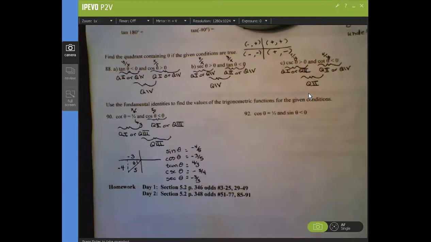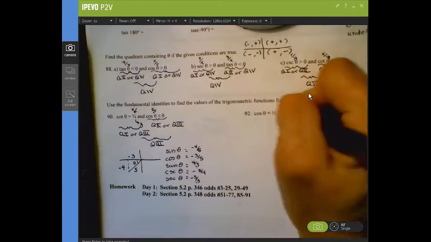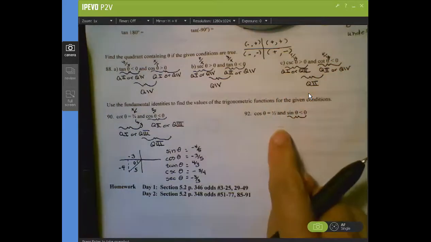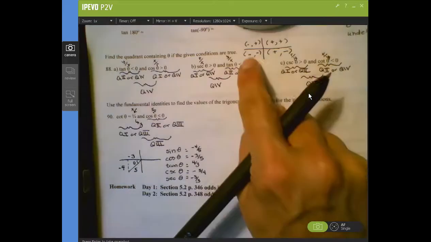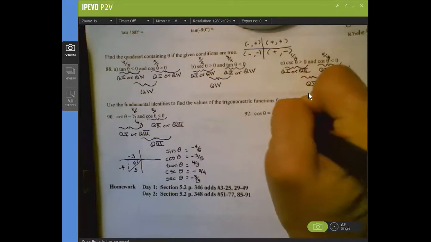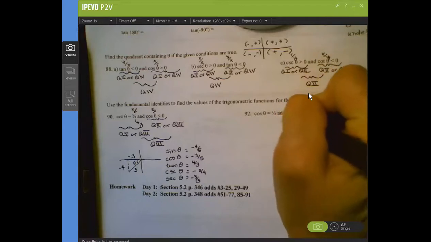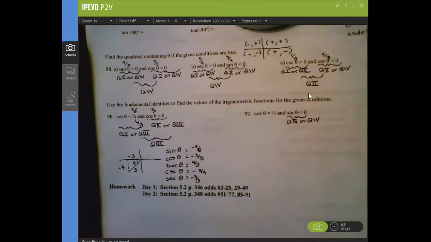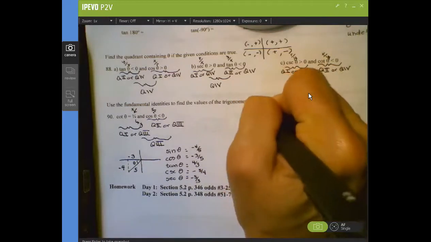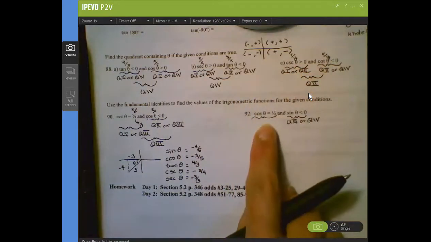And 92 is the same thing. Just one more example. One of the conditions we're given in number 92 is that sine is negative. Sine is your y coordinate. So your y coordinate is negative in the third and the fourth quadrant. We also know, or are given, that cosine is positive.